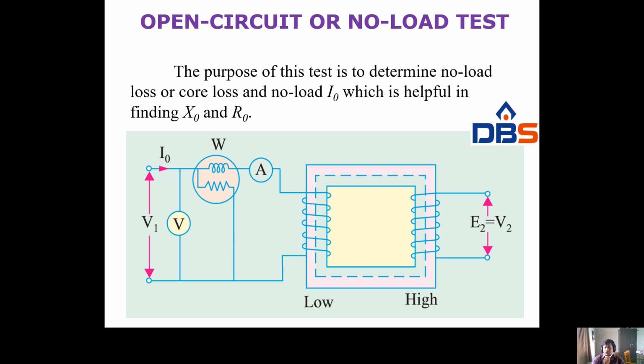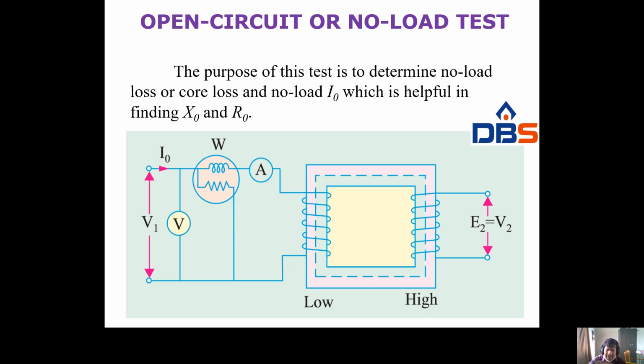At that rated voltage, note down the ammeter and wattmeter readings. The ammeter reading gives the no load current I naught, the wattmeter gives the no load loss, or core loss, or iron loss, WOC, and the voltmeter reading is VOC.